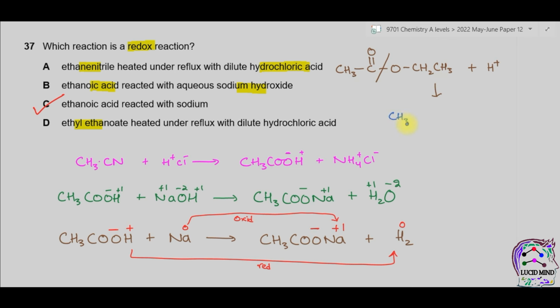So CH3COOH and alcohol. Now carbon and hydrogen are bonded to each other, so there is no change in oxidation states. And in the alcohol, we can see O is negative, H is positive, H is still positive. So there is no redox reaction taking place. So the only one in which redox occurred is part C.